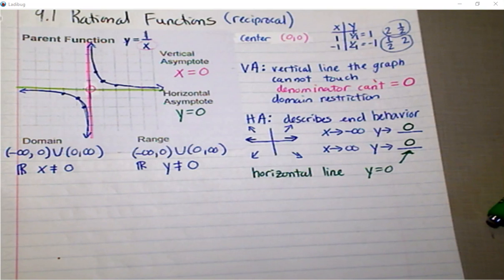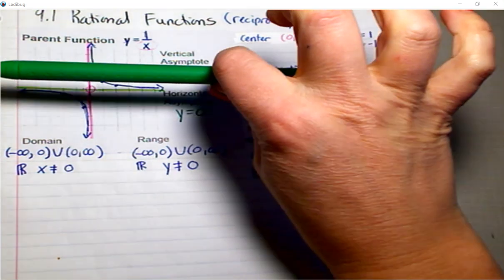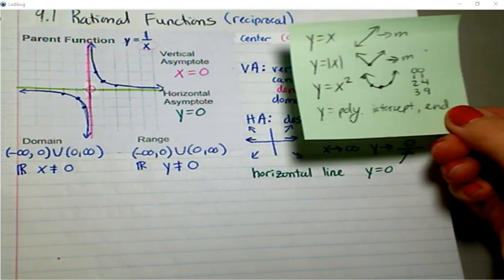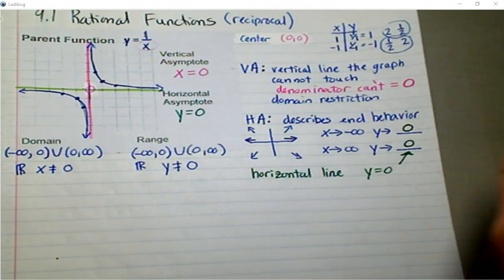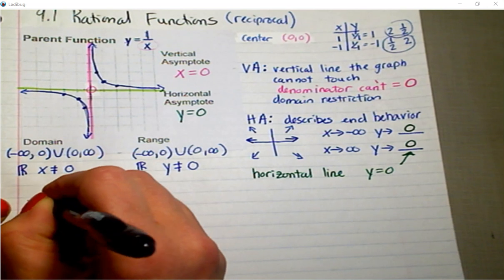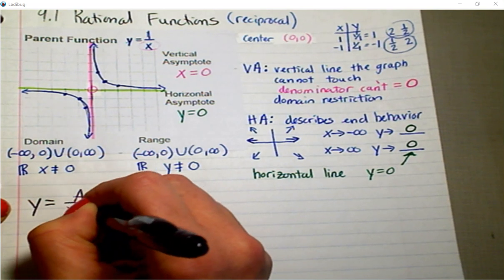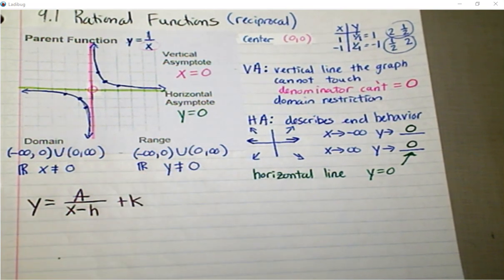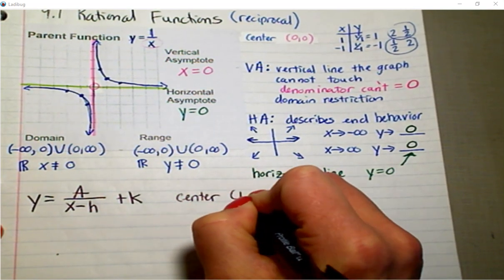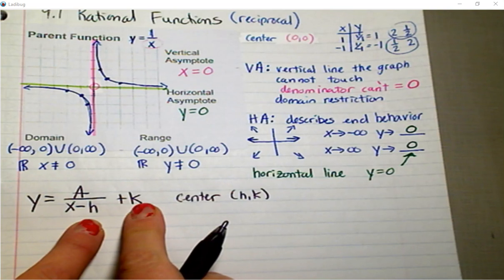Okay, so now we actually have to figure out how to graph. We've got the center. We have a vertical asymptote and a horizontal asymptote. And we're going to have to do our transformations just like we did here. So I'm going to go ahead and give you your transformation form: y equals a over x minus h, plus k. The center is going to be (h, k). Think about our (h, k) from our other formats.